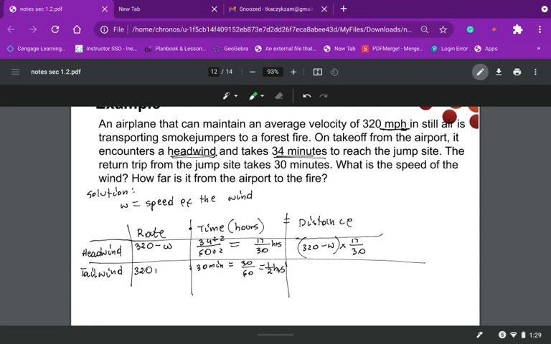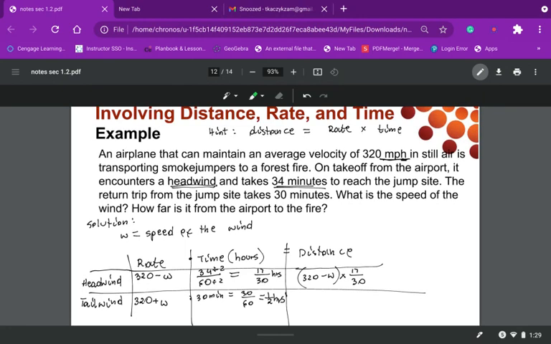So that will be 320 plus the speed of the wind. To calculate the distance, using the distance formula, rate times time, right now our speed of the plane increases, so this is 320 plus W, flying with the wind, times time, which is 1/2.